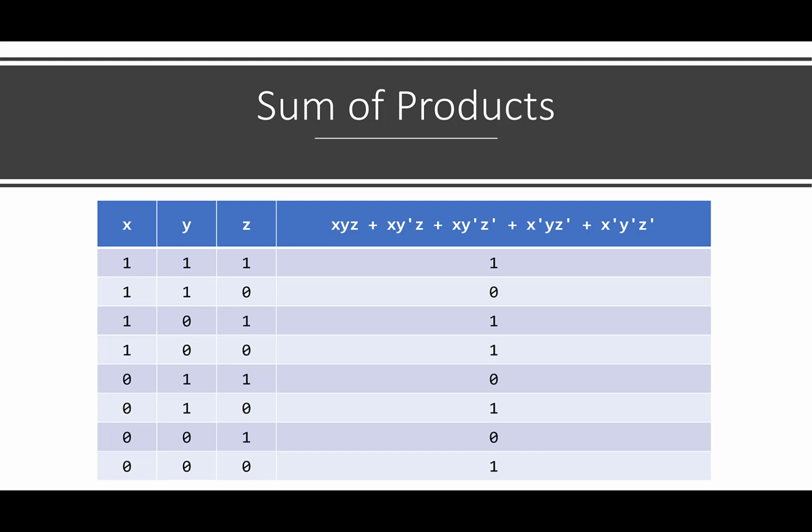Now, as it happens, this particular formula can be reduced. But before we get to any of that, I want to make sure we understand what exactly is going on. This thing is called the sum of products, and the products are all of the minterms. What are the minterms? The minterms are every single case, using all 3 variables, where the combination of those variables, whether it's themselves or their complement, gives a 1.